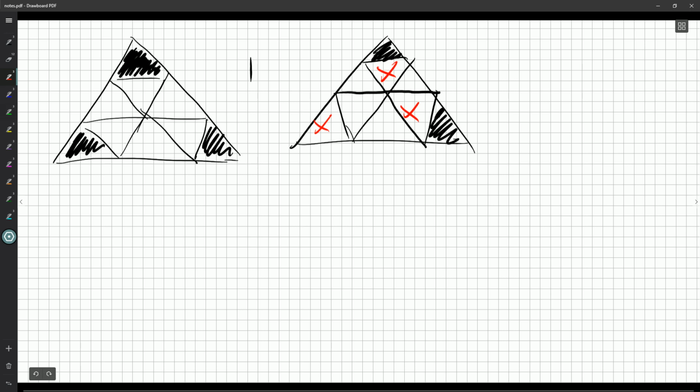Well, I could color the same side, right? And we get a nice little shape like that. Or I could color one of the sides that isn't between the two shaded in.